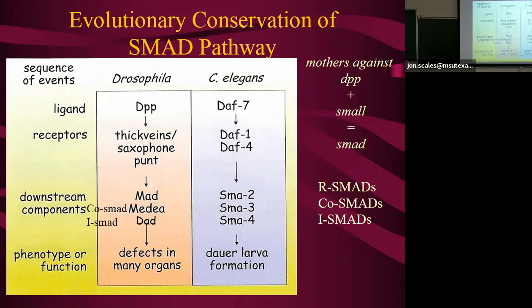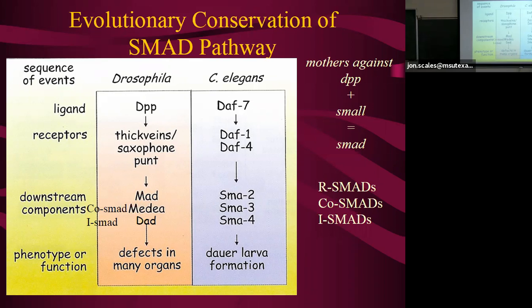Okay, so why is it the SMAD pathway if the ligands are BMPs or TGF-betas? Why wouldn't it be called the TGF-beta BMP pathway? Well, in fruit flies and in C. elegans, researchers were looking at various mutations. So DPP, let's learn a name. Decapentaplegic. Deca means 10.